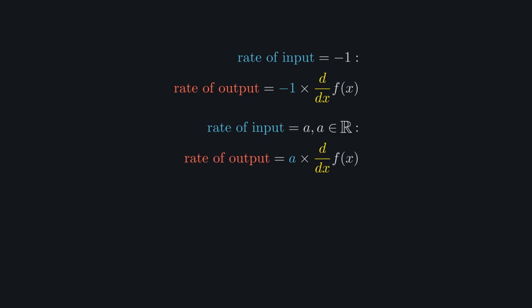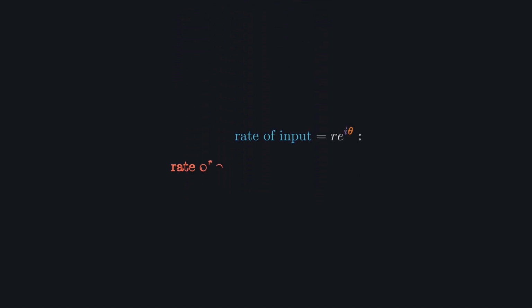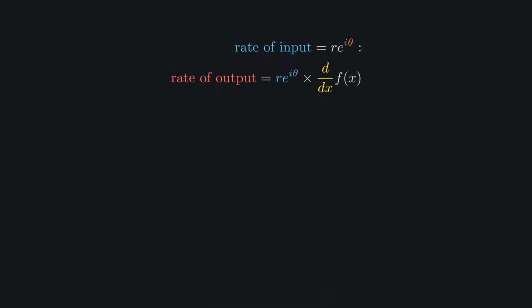For functions with complex inputs, we can choose any complex number as the rate of input, and the same will be true. And we'll probably want to express that complex number in polar form because we're interested in seeing the speed and the direction. But what does it mean, algebraically, to feed input in at a different rate?